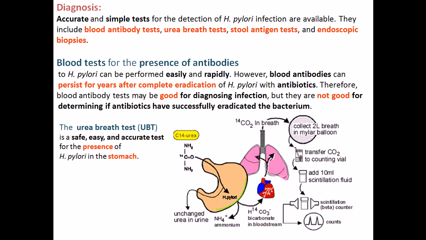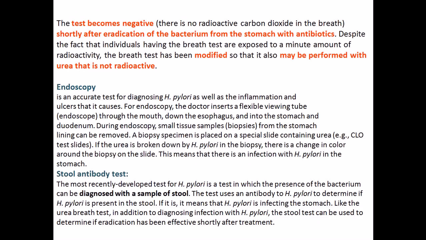Then we can say that the test is positive. Okay. And if the bacterium has been eradicated from the stomach with antibiotics, the test shows negative. So it is very good: if this test says positive, we can say yes, infection is going on. If it's negative, no infection.